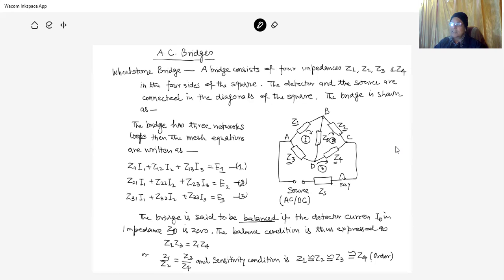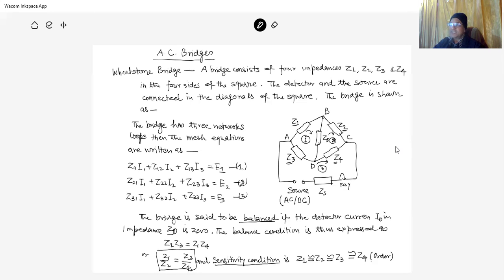The balance condition can thus be derived from Cramer's rule as Z2 Z3 is equal to Z1 Z4, or the famous Z1 upon Z2 equals Z3 upon Z4. Along with this balance condition, another important condition is the sensitivity condition.